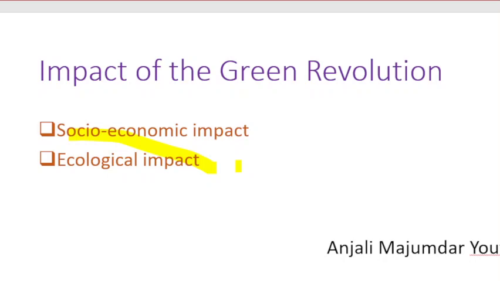If I talk about the socio-economic impact, the advantages are that it enhanced food production. It gives confidence to the farmers, and moreover India became a food-reliant country. India started exporting excess or surplus food production to other countries.